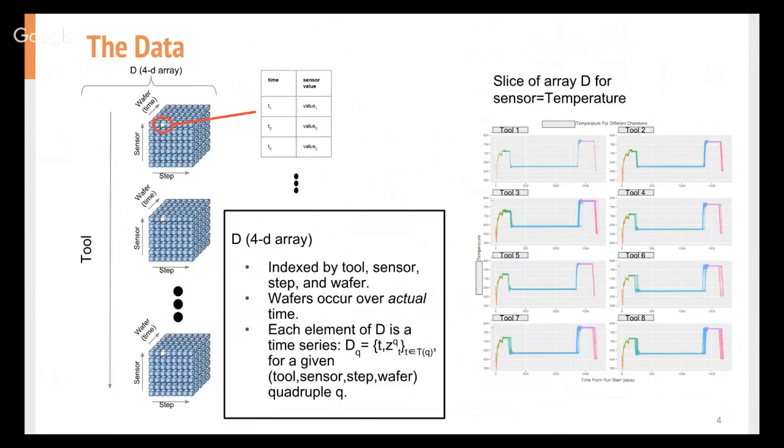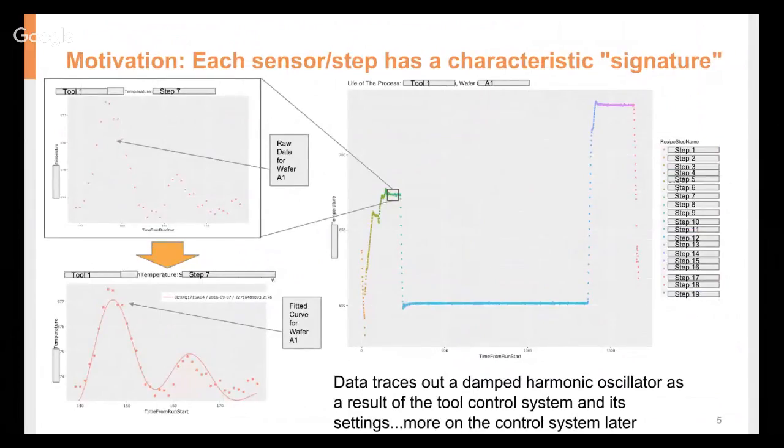Okay. So if we think about the data in that way, and we zoom in on one of the tools that I showed before, remember, our ultimate goal is to detect anomalies, right? So we zoom in on one of those tools, and we zoom in on one step, and look at the data for just one wafer. We see that it follows this oscillatory pattern.